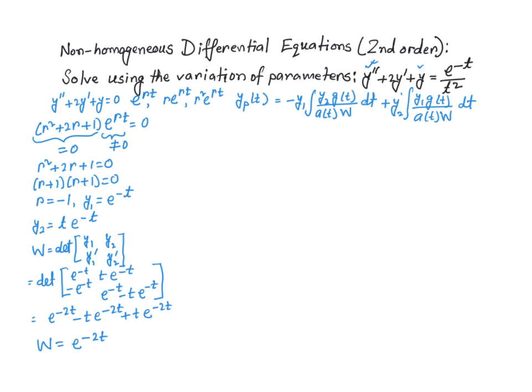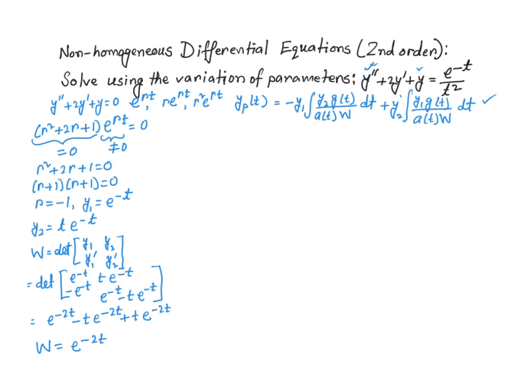Now, where do these symbols come from? I just wrote a formula, and you see a bunch of symbols, functions and solutions. Where do they come from? It actually comes from the general version of the second order differential equation, which is this, by the way: a of t times y double prime plus b of t times y prime plus c of t times y is equal to g of t.